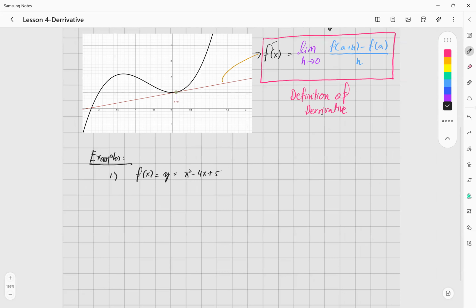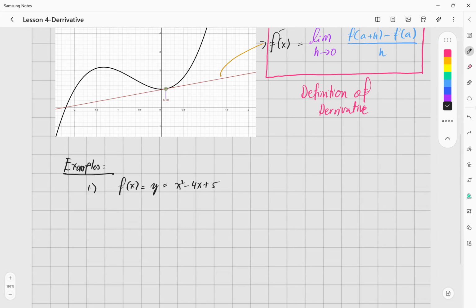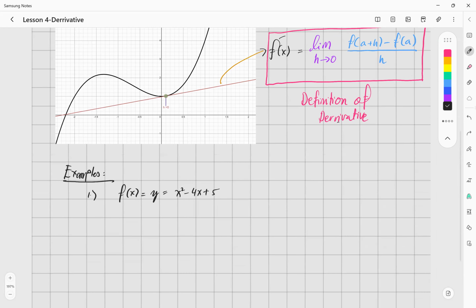Now, so you want to find the derivative. Let's find this using the definition of the derivative. So the notation for the derivative here. Sometimes we write this as f prime of x.